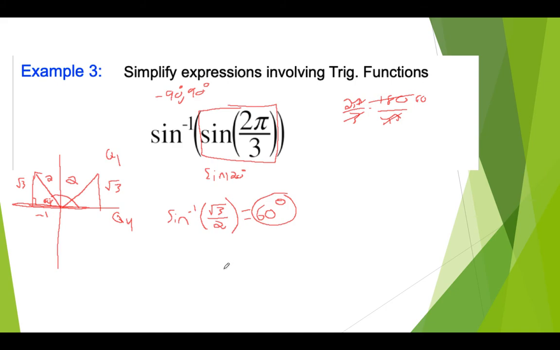You can easily convert back. But it's interesting how you get a ratio for sine of 120, but then you get a different angle back out when you plug it back in, because, remember, our inverses are restricted.